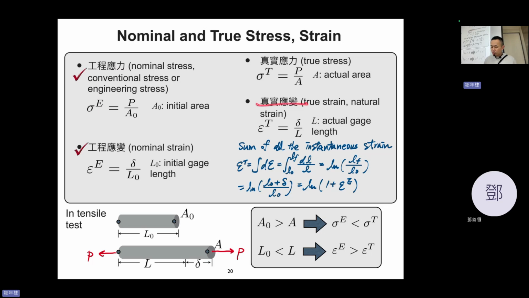And the true strain also will be difficult because you need to sum up all the instantaneous strain, which means that the strain increases with time. Every time step strain, you need to sum it up together. And then you've noticed that because the initial gauge length is smaller than the length at each time step, your epsilon T is less than epsilon E.